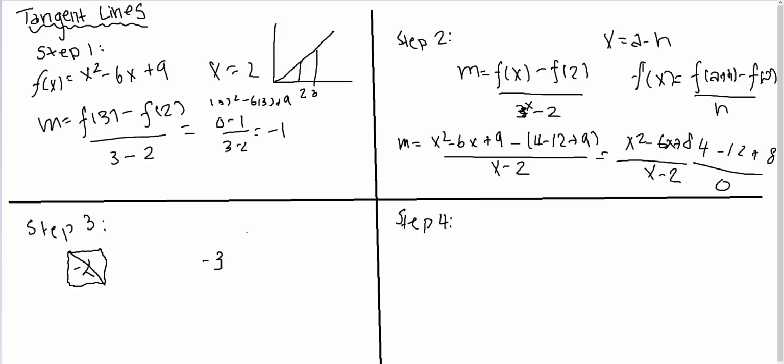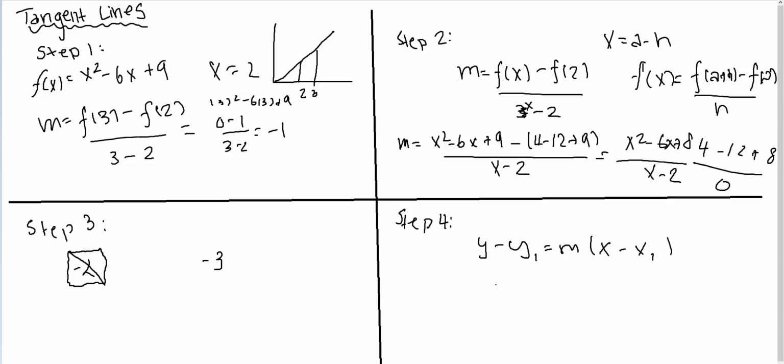It's a little sad. So we know that our equation of the tangent line is given by y minus y1 is equal to m, which is our slope, x minus x1. And these subscripts of 1 are indicative of the points that we are dealing with, the points of our tangency. And we know our point of tangency at x is 2, so we want to find our point of tangency at y.